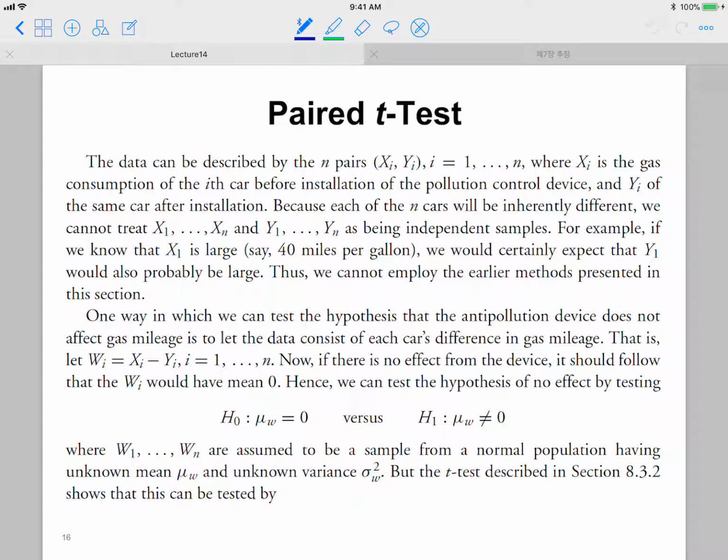Maybe it is not a good example either, but say you installed some tires, and you did something to each of these cars.